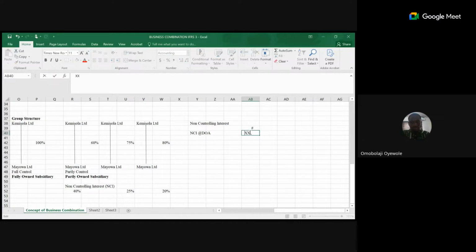So when we get the value of NCI at DOA, then we add NCI share of post-acquisition. If we sum it up, it will give us NCI at DOC, that's at date of consolidation.